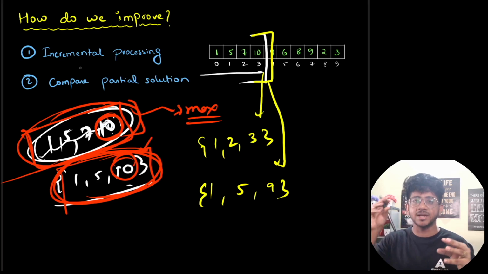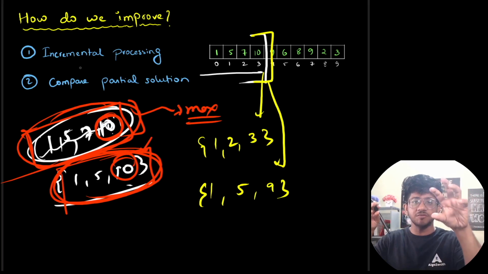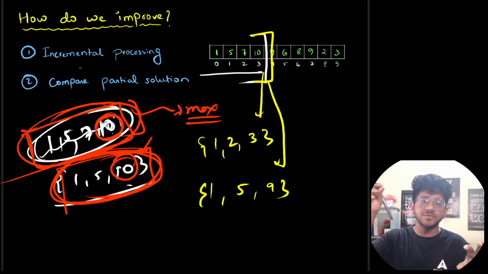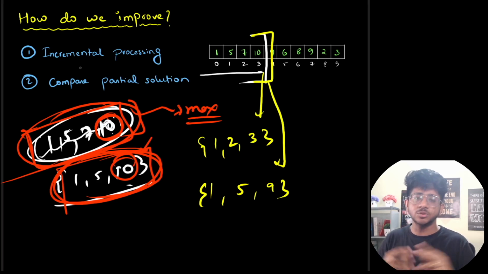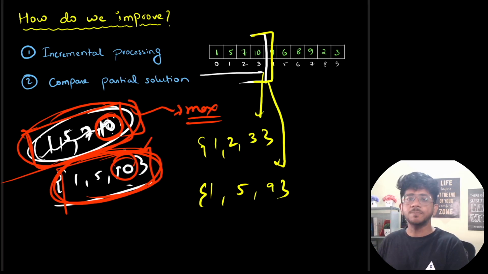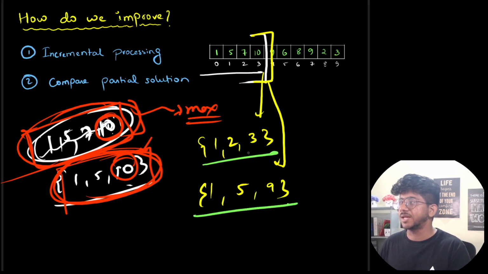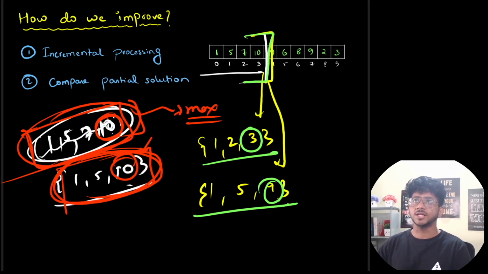Because every time you add an element, for all the things that were there, it can be copied the same way, or it can be added with the new element. So every time it is doubling. So the number of subsequences is actually 2 to the power n. But we want to try and prune down which ones are actually relevant to find the maximum LIS, right? So if the two subsequences are of the same length and they end at 3 and 9 till this much, which one should we keep and which one should we eliminate?